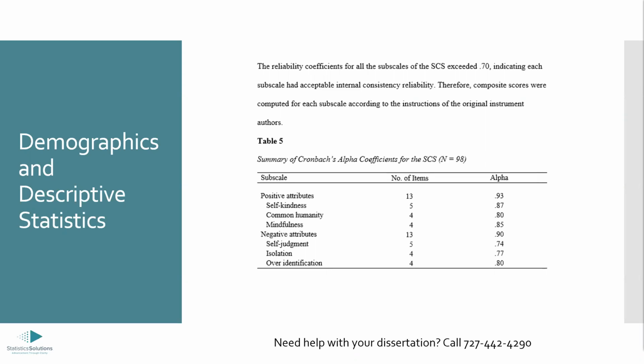And then here's an example of how you might present results for Cronbach's alpha reliability coefficients. So we have a table here for each subscale that we used in our study, the number of items in that scale, and the alpha coefficient associated with that scale to indicate reliability.